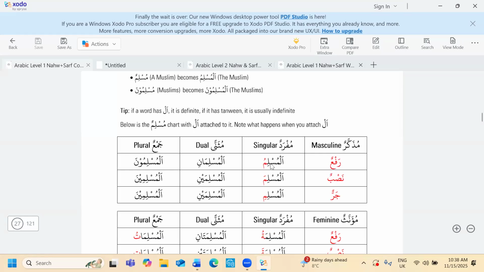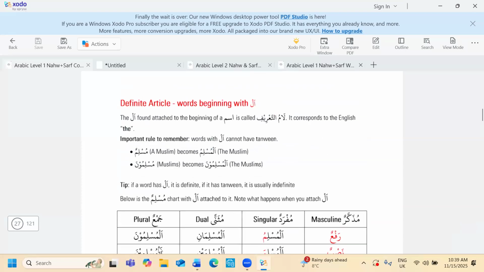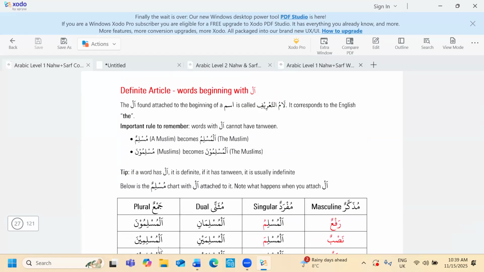The. Okay. Al-Muslimu, al-Muslimani, al-Muslimuna. So the only time where the tanween is going to drop is in the singular and in the feminine plural. So Muslimatun becomes al-Muslimatu, al-Muslimati, and al-Muslimati.